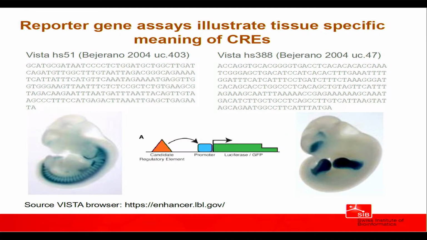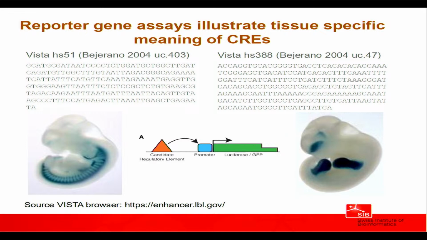Now, reporter gene assays can illustrate another aspect of code variability between tissues. Now, in the reporter gene assays, you use a construct that is shown in the middle of the slide, which consists of a cis-regulatory element that we would like to test, which is linked to a standard promoter, which then is linked to a reporter gene.